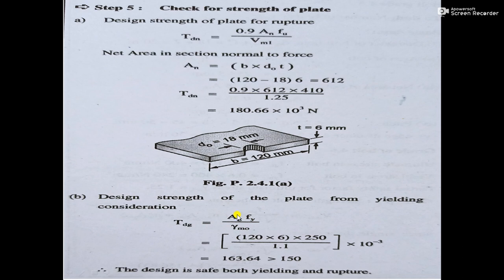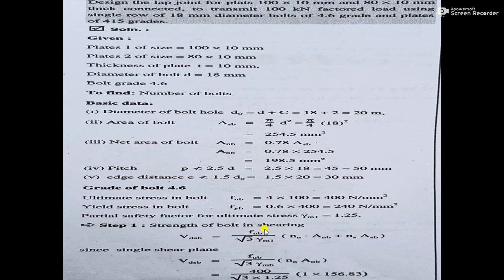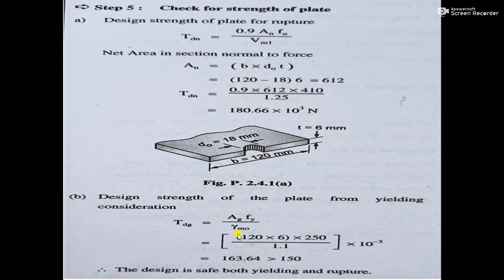This data is not required, but remember this one, you also go through this check. The design strength of the plate from yielding consideration, where you consider the gross area only, is Ag into fy upon gamma m0, and gamma m0 is the partial factor of safety, taken as 1.1. Ag, the gross area, is 120 into 6, into 250, where 250 is the yield stress.